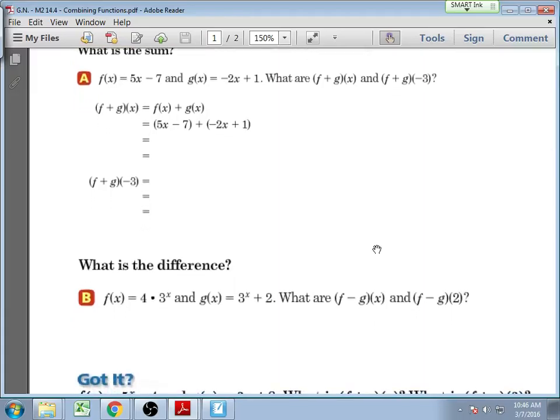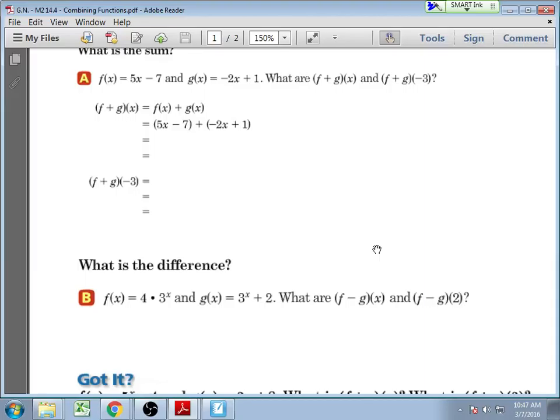So at this step, what would we want to do next? Alex, what do we do now? Well, you add them, so you combine 5x and negative 2x. Yeah, so we're looking for like terms now.